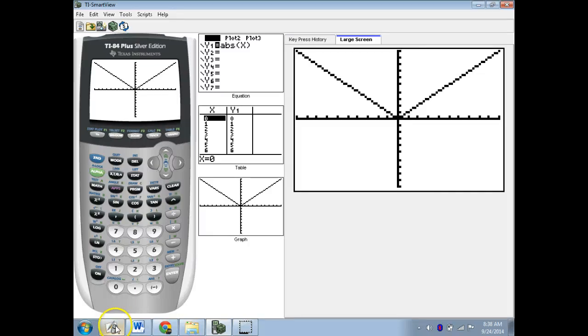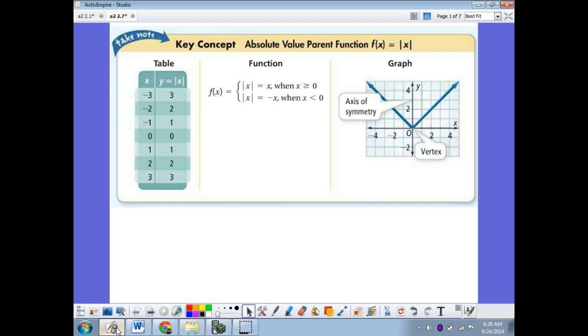So we have this table, and what we're going to do today is move this around. We're going to perform different transformations to this. So the vertex is down here at the bottom, and the axis of symmetry of an absolute value function is the vertical line that runs straight through the vertex.